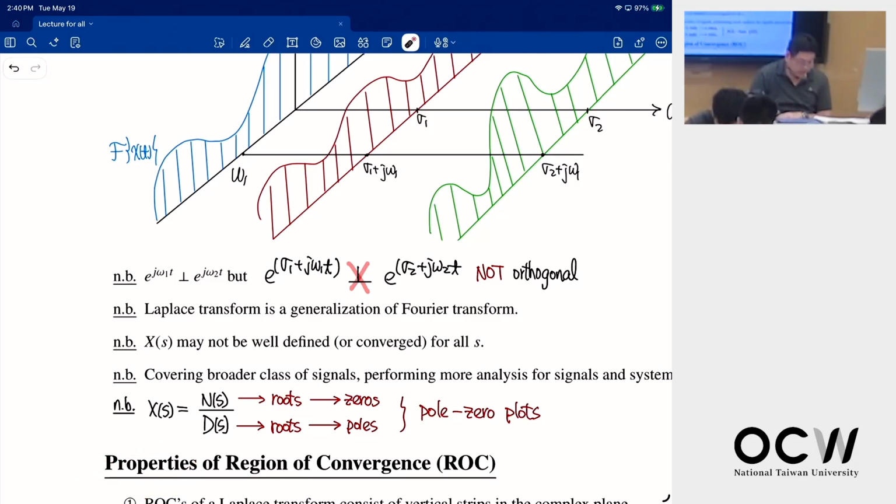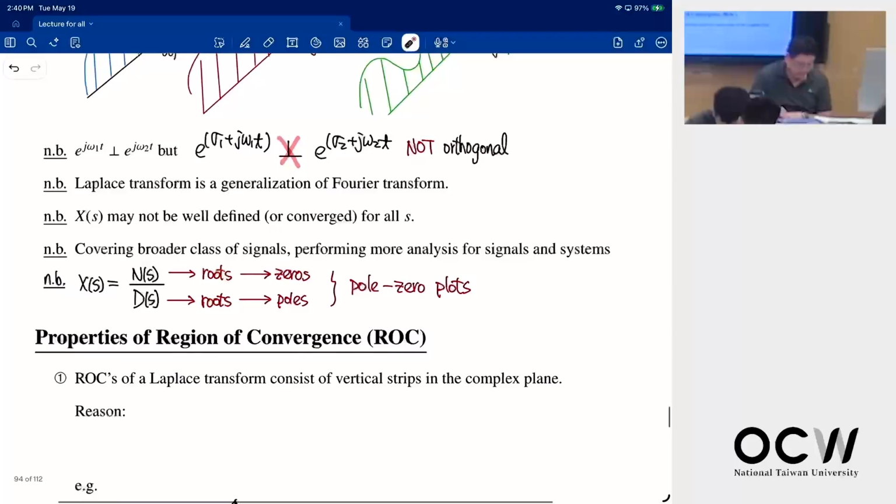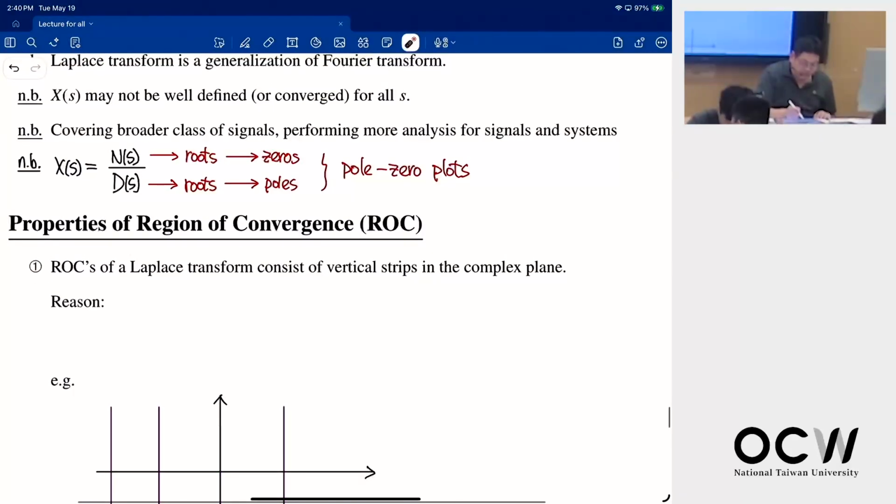So first, the region of convergence may consist of vertical strips in the complex plane. Why does the region of convergence consist of vertical strips?